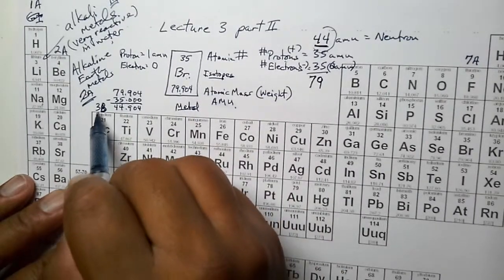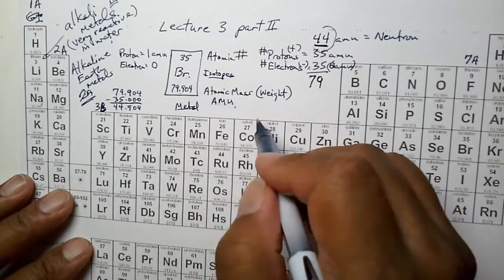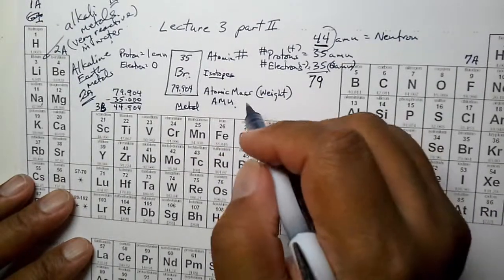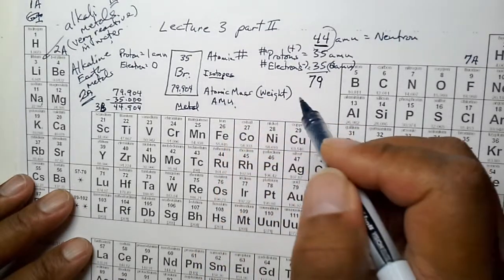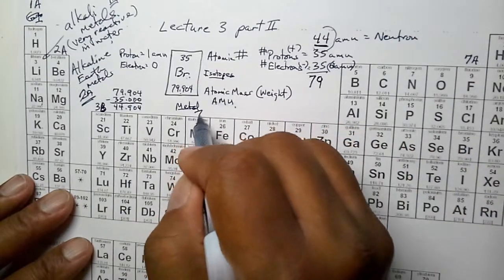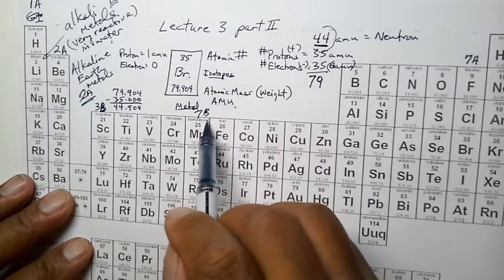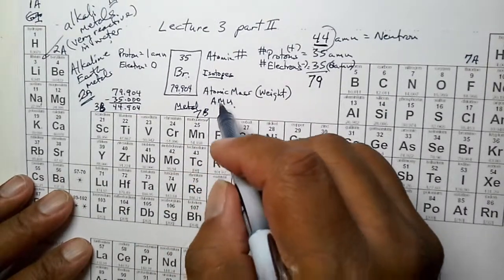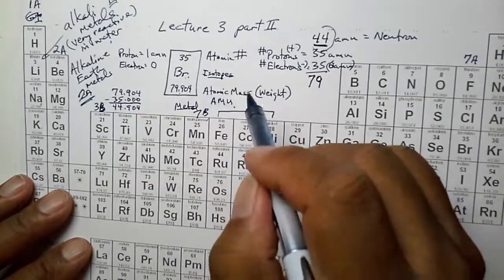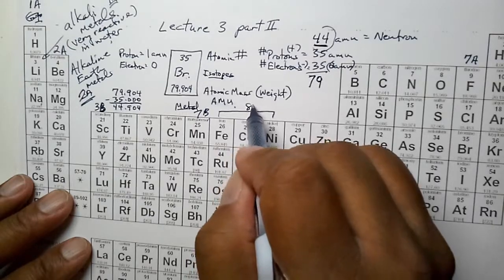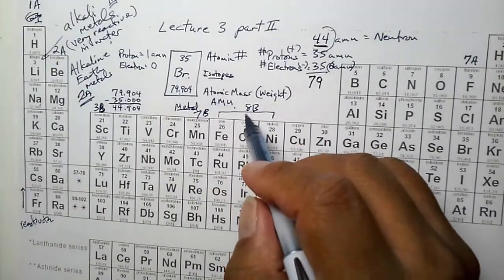We begin with 3B, and it goes all the way to 7B. We're at 7B here with manganese. And this group has very similar characteristics, and they're all grouped in 8B.